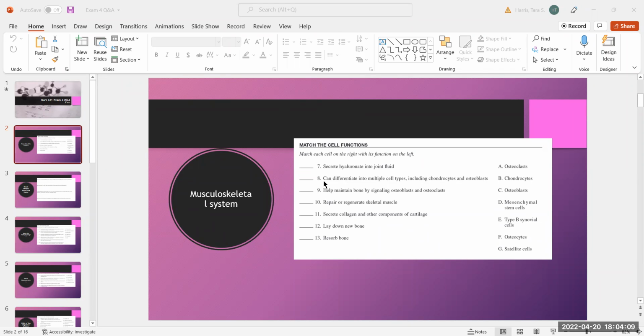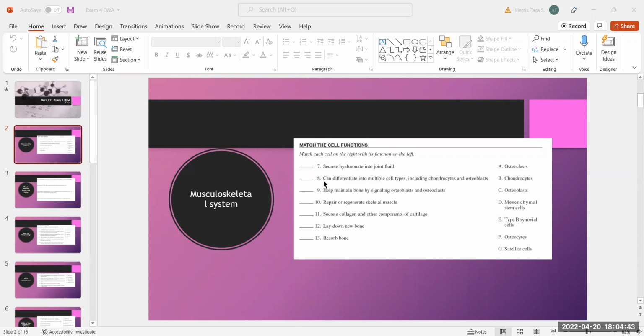The main function of the osteoclasts are to secrete hyaluronate into the joint fluids. Okay. Again, do you happen to have the study guide? I do have it at home. Okay. Well, I'm going to review this and you can review the recording so you can look at it too. I'll just go through all the answer choices.